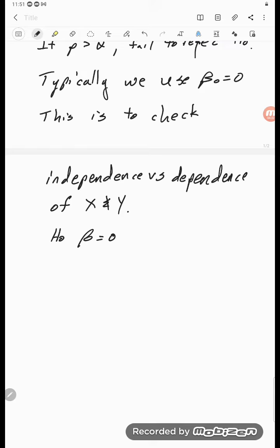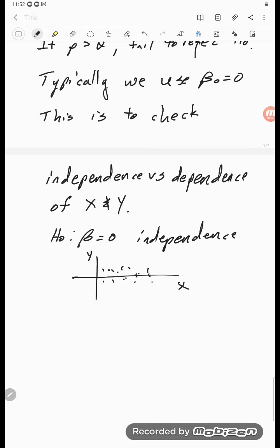So, in that case, we have independence. Okay, because again, that would be a slope of 0. So we would see data that look like that if that's x and that's y, and I can't predict y any better by knowing x.